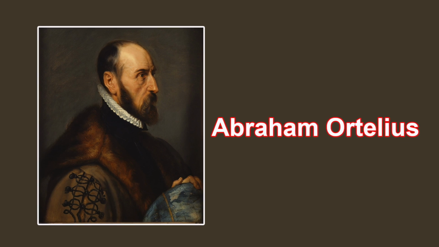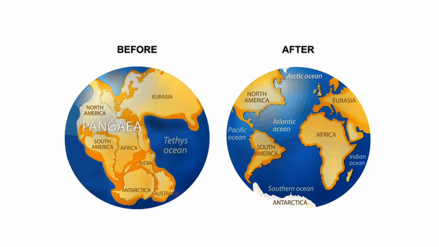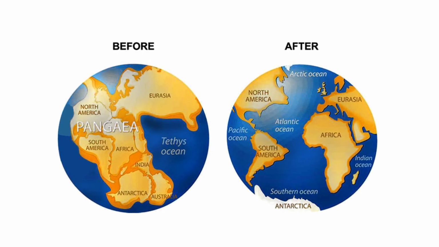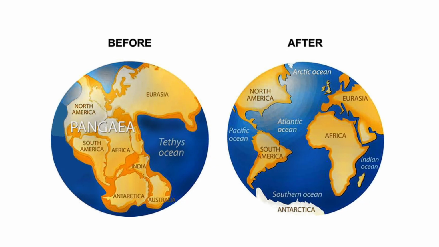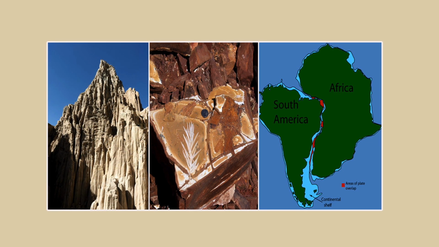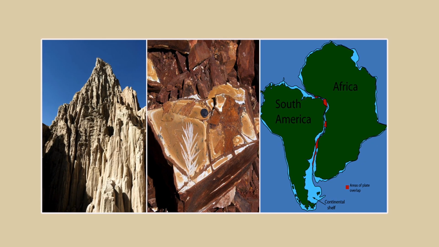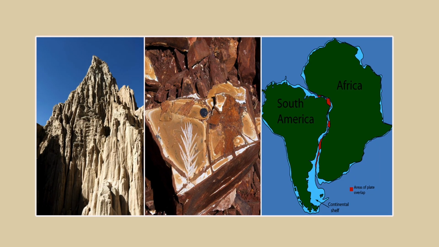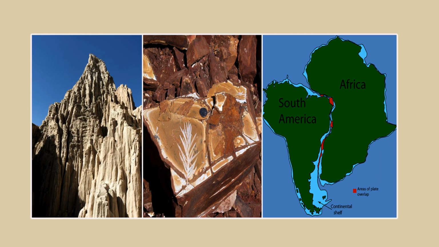Wegener developed the theory of continental drift, suggesting that continents had once formed a supercontinent, that is Pangaea, which later fragmented and drifted apart. Wegener's hypothesis was based on matching geological formations, fossil records and the jigsaw-like fit of coastlines, notably South America and Africa.